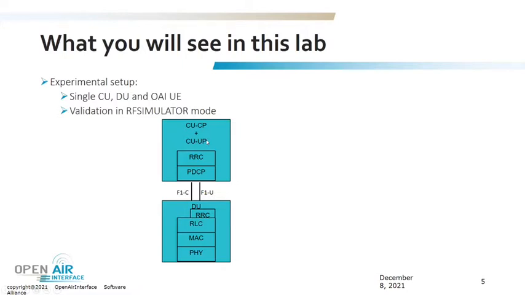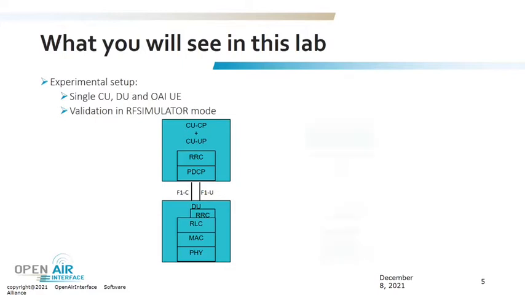It includes the RRC and PDCP layers, and it talks with the DU, which includes the RLC, MAC, and PHY layers, as well as some RRC intelligence put in it. So it communicates over F1C and F1U for the control plane and user plane traffic, respectively.